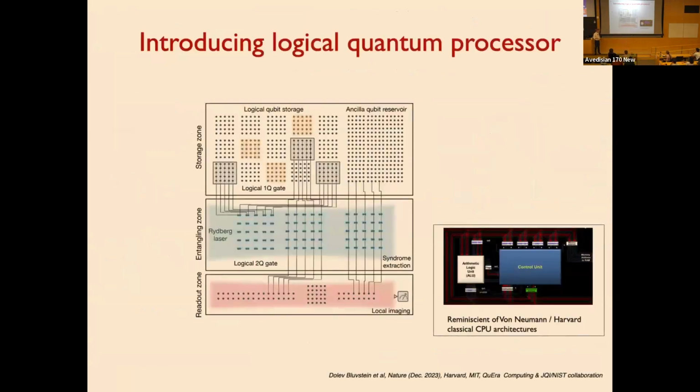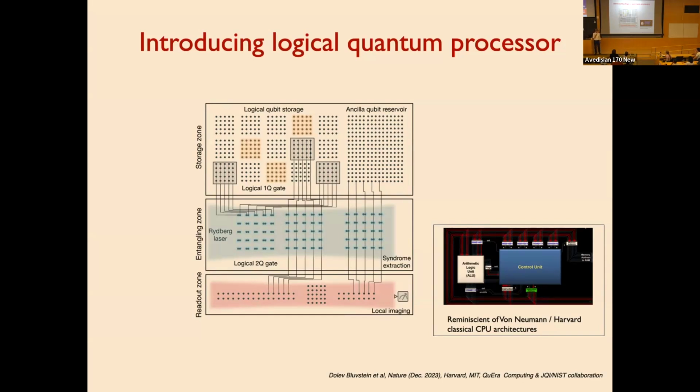All of this comes together into this idea of a logical quantum processor, where instead of physical qubits, we think about information encoded in logical qubits, do gate operations between logical qubits, and build circuits from logical qubits. So this system slowly starts looking like a real quantum computer. In fact, it's reminiscent of some of the early classical CPU architectures, where you have a control unit, the entangling zone is like an algorithm unit, and then a storage unit and things like this.